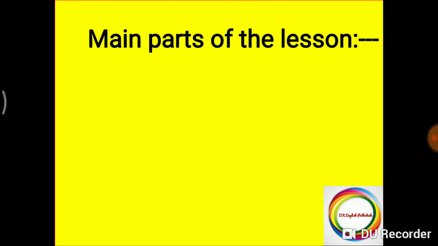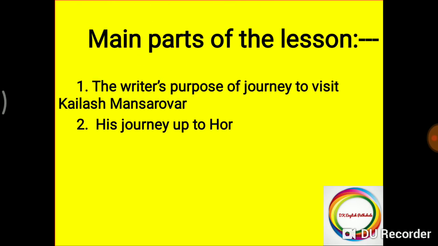Main parts of the lesson. Number 1, the writer's purpose of journey to visit Kailash Mansarovar. This travelogue starts with the writer's intention to visit Kailash Mansarovar. We are shown how he prepares for that trip. Number 2, his journey up to Hor.